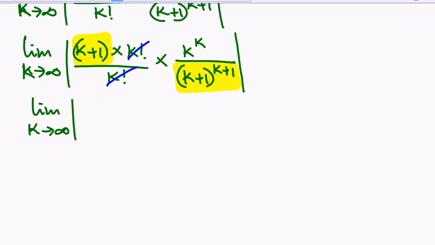So we'll end up with something simpler, actually: k to the power k over k plus 1 to the power k.